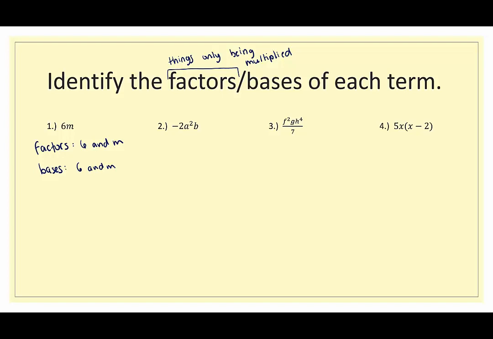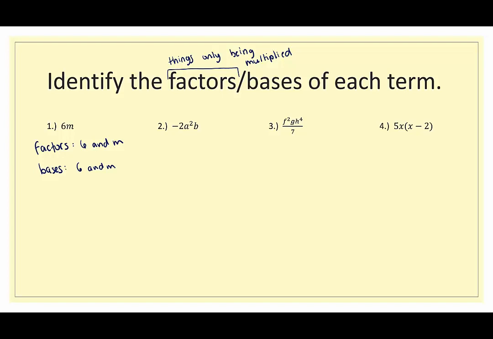In question 2, I actually just had a really good discussion with my colleagues about what exactly the factors and the bases are. So I'm going to show 2 different ways, and hopefully one of the ways makes sense to you and you like it, and we're going to stick with it. So I would argue that question 2 has 5 factors. Because remember, these are the things that are only being multiplied, so we would expand the a squared and write it as a times a.